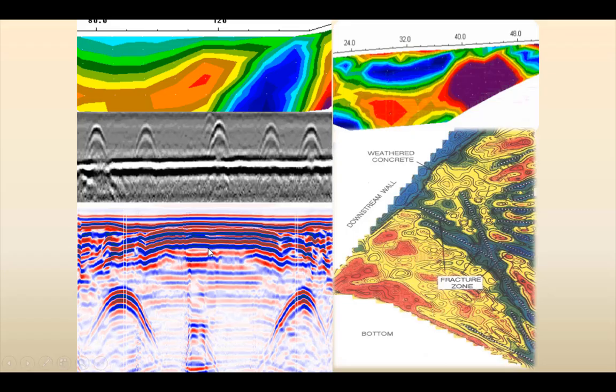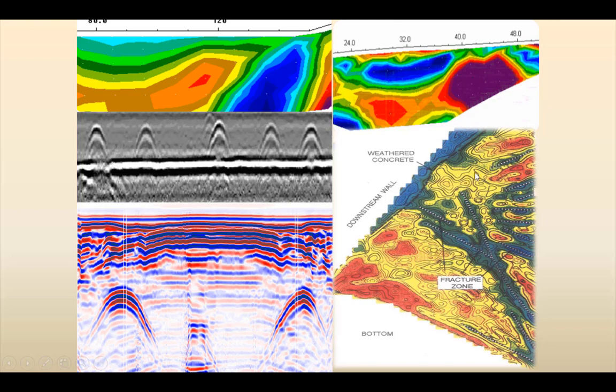Now compare these images with the images created using geophysics. Here, for example, you have a shear zone in an otherwise good bedrock using electrical resistivity imaging. You have reinforcement bars in a concrete slab using ground penetrating radar. You have underground pipes under the layer of roads created by ground penetrating radar. You have a cavity in otherwise good sandstone created by electrical resistivity imaging.